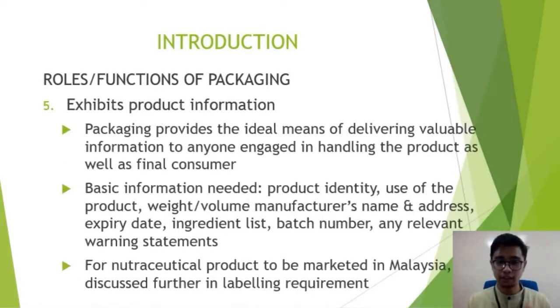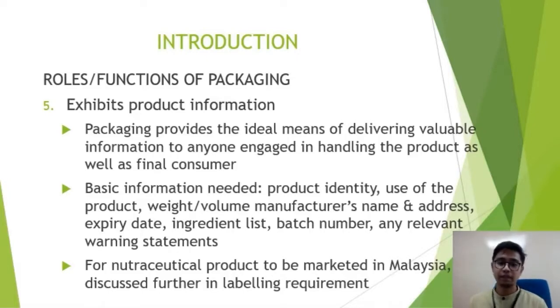The next function or role of the packaging is to exhibit product information. So the packaging provides the ideal means of delivering valuable information to anyone engaged in the handling of the product as well as the final consumer. For example, the packaging provides information like a printed label on the packaging or a pasted label on the packaging that shows all the information about the raw materials or about the product.